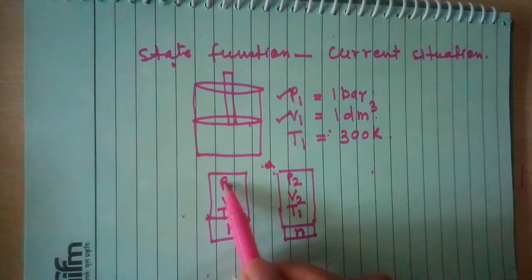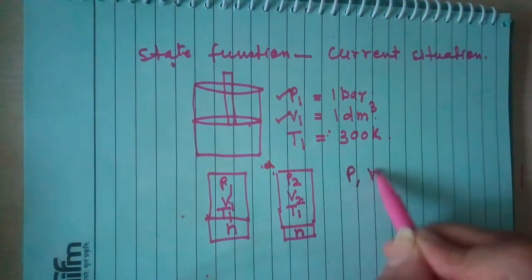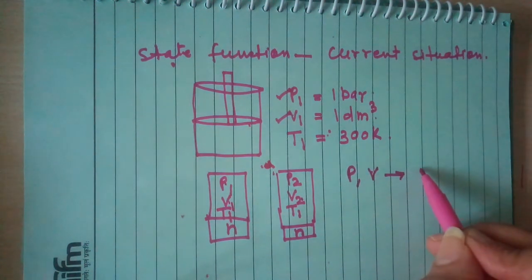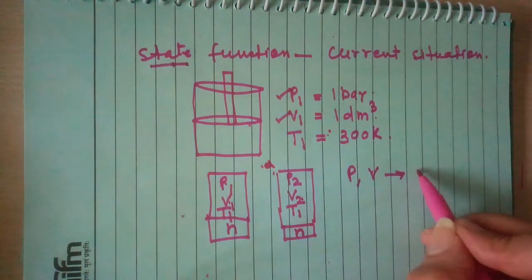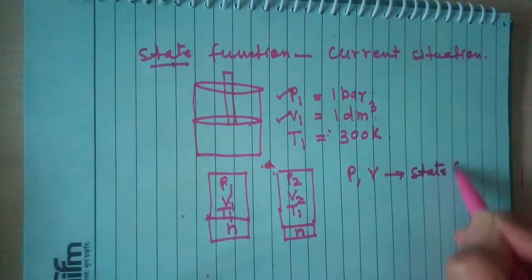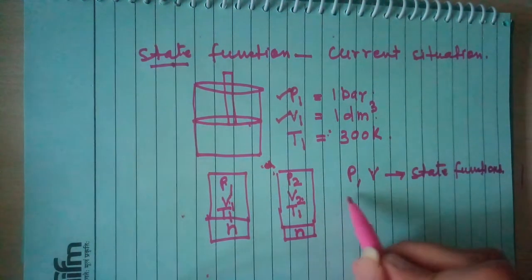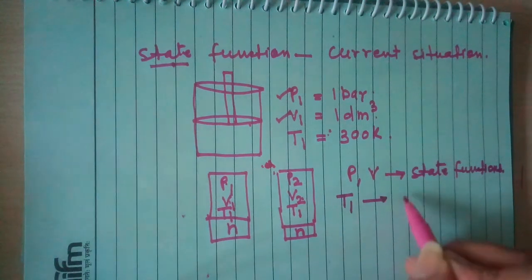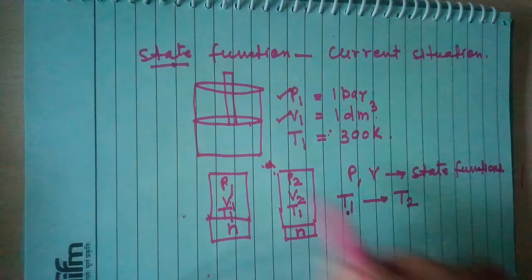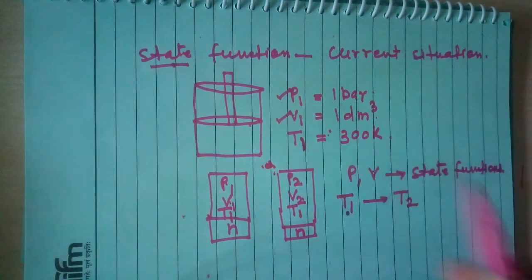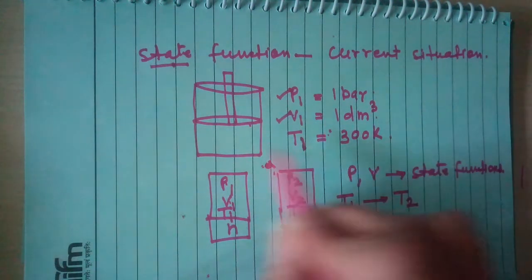So P1 and V1, P2 and V2, or in short pressure and volume, the values of these two variables depend on the state of the system. So these are called state functions. If you change the temperature from T1 to T2, in another example where you can change temperature, then temperature can also be a state function. In this particular case we have kept the temperature constant, because if we change the temperature, the situation will again be a different one.